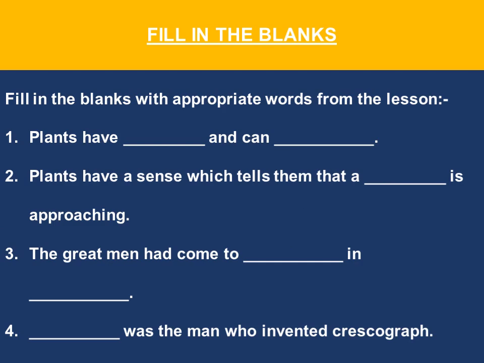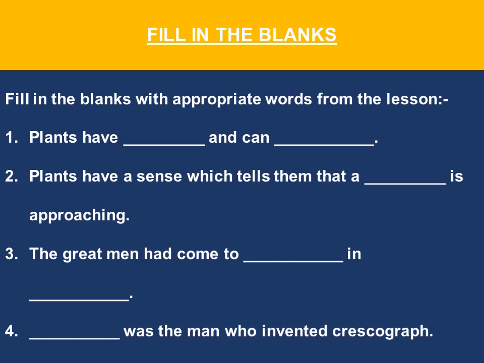Now here we are with some fill in the blanks. Fill in the blanks with appropriate words from the lesson. First, plants have dash and can dash. Second, plants have a sense which tells them that a dash is approaching.